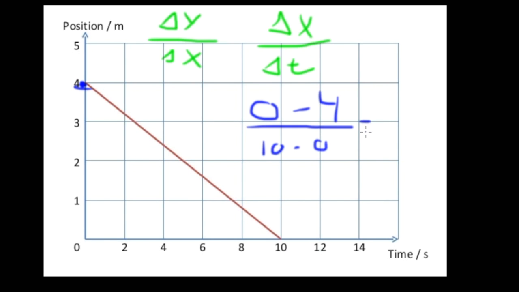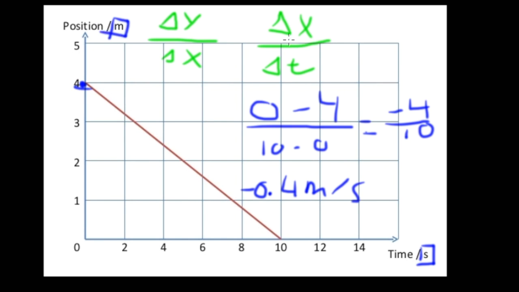And this is negative 4 over 10, which makes the slope negative 0.4 meters per second. And it is meters per second because the units for time are in seconds, and the position is in meters.